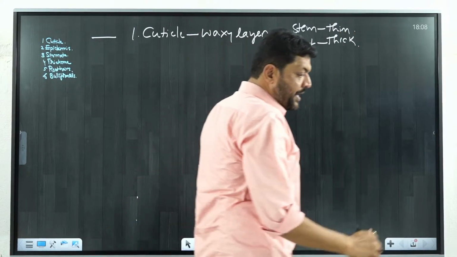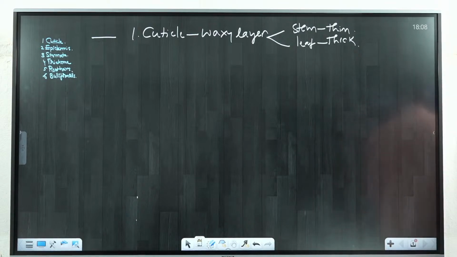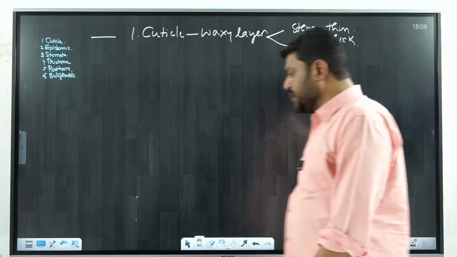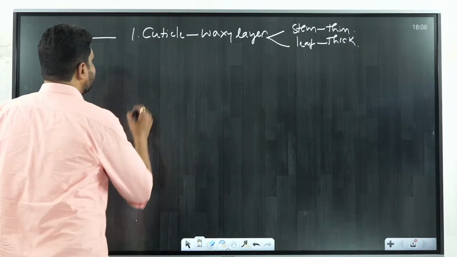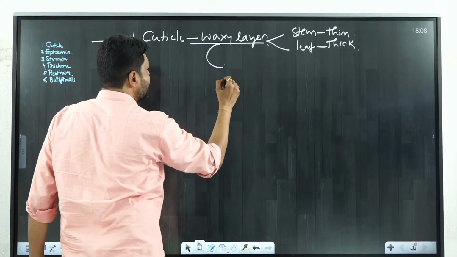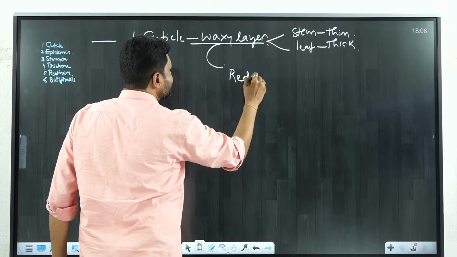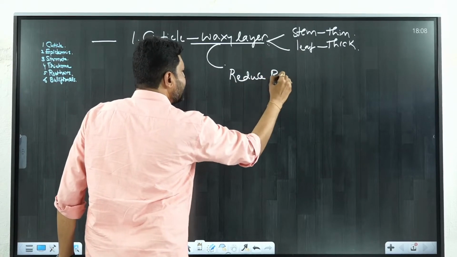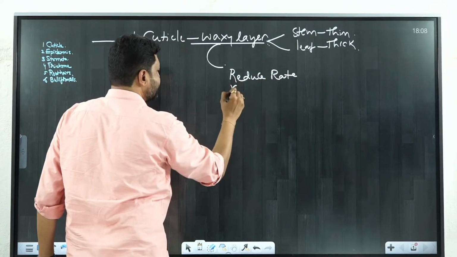So in the textbook it is mentioned that in stems a thin cuticle is there, and in leaf a thick cuticle is there. Cuticle is a waxy layer. This waxy layer allows reduced rate of transpiration.